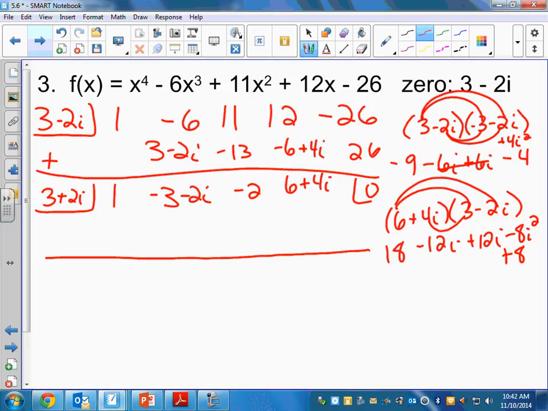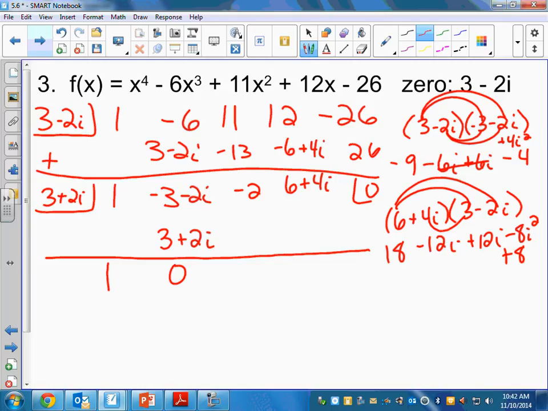No, you only change the sign of the middle one. So when I bring my 1 down, I get 3 plus 2I. Which gives me 0. Sorry, I was having a moment, because I forgot that 0 times this is 0.